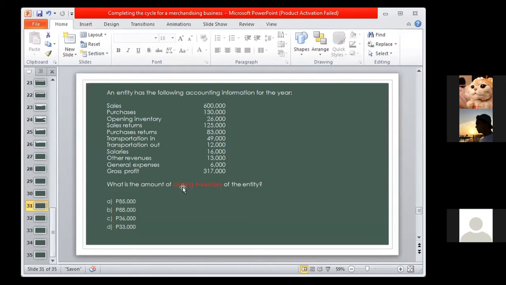Take your time lang. Maganda sana pag tatlo para unahin kayo. Pero isa lang kaya take your time. Pero wag mo masyadong iabot sa 11:30.